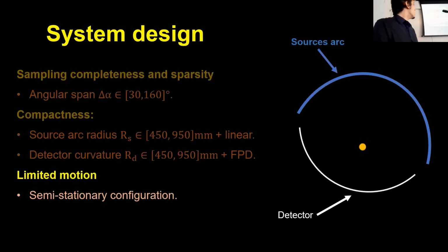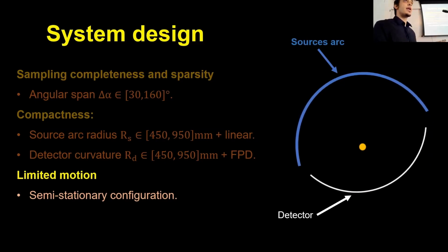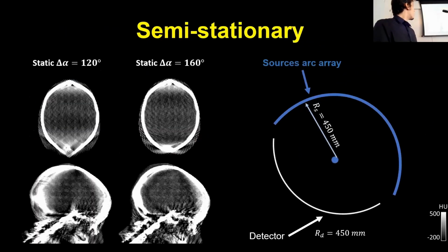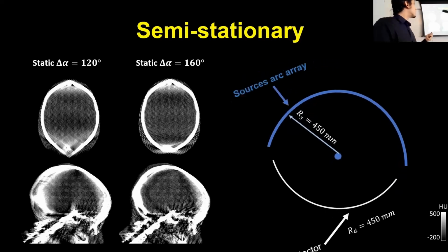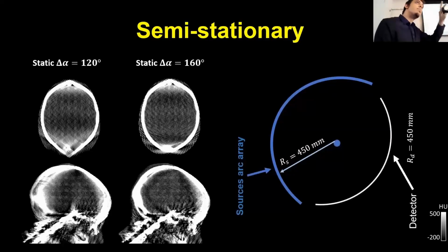We now explore the feasibility of how much we can reduce the movement in the system. So far we have explored totally stationary configurations. What we are going to explore is whether we can improve these images, which in terms of image quality for the clinic is still low, by including one simple rotation of 45 degrees, which is easier than including a total rotation in a gantry system.